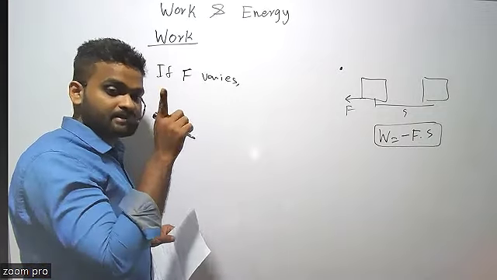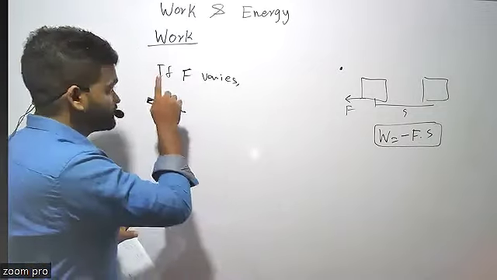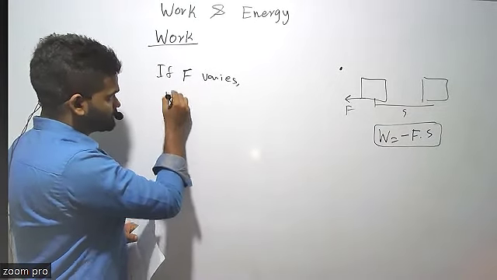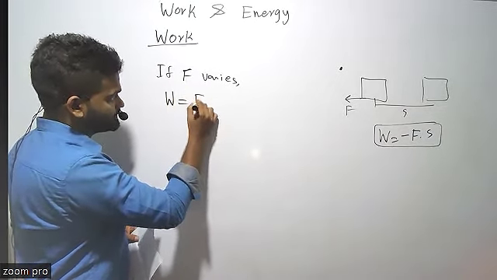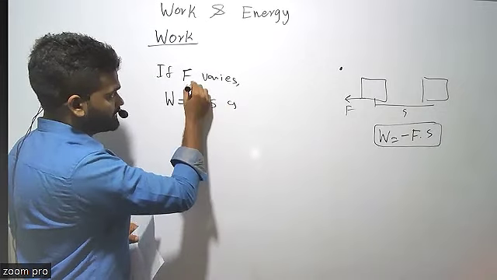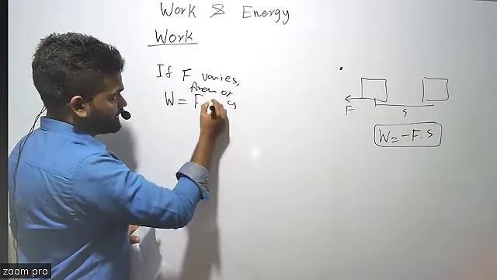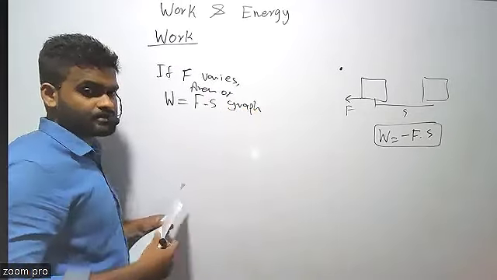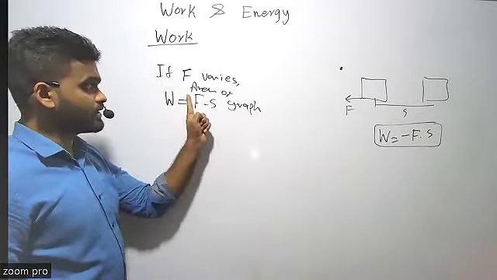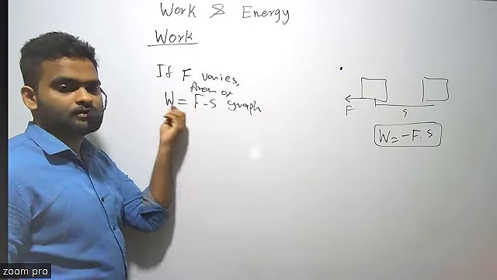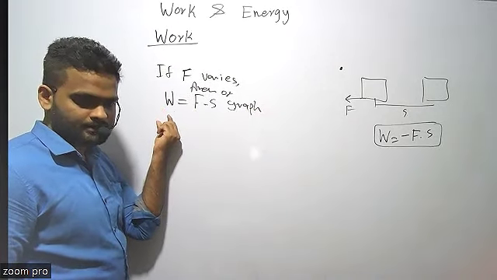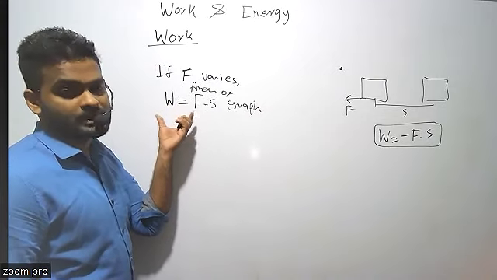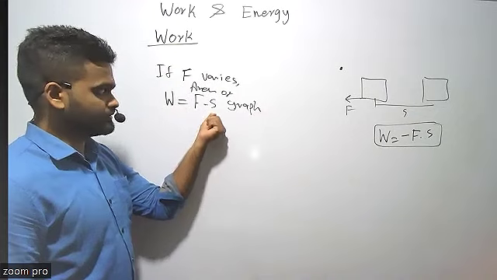That was an F-t graph, but in this case, it is an F-s graph. So work equals the area of the Fs graph. We'll see when we do questions. If force varies, you have to consider the area of the Fs graph in order to find work. You cannot use equations in that case. You have to use a graph there. Take it down.